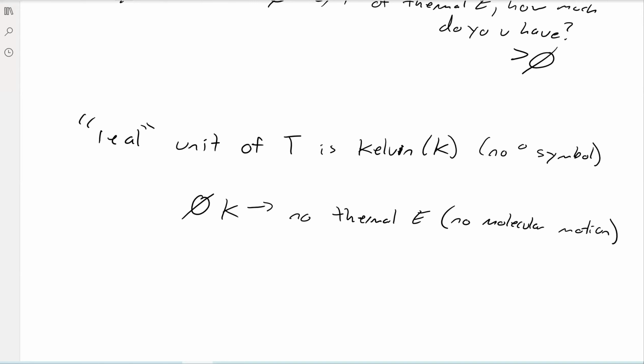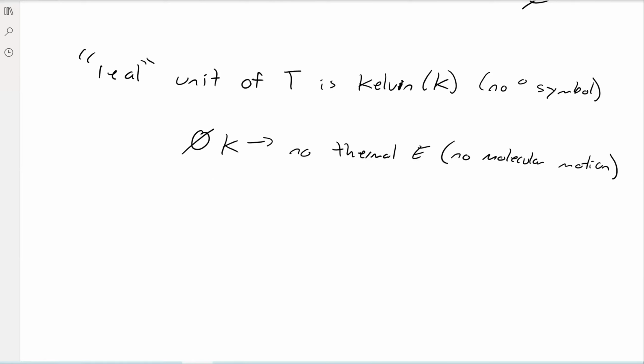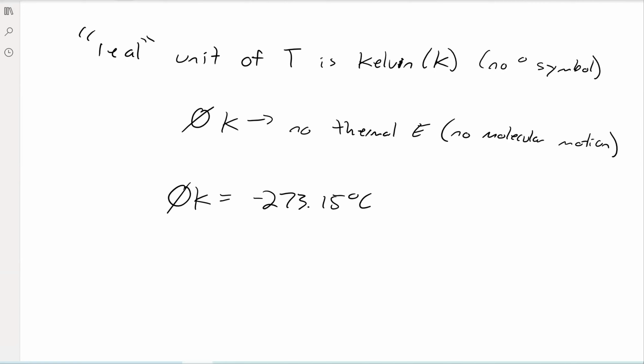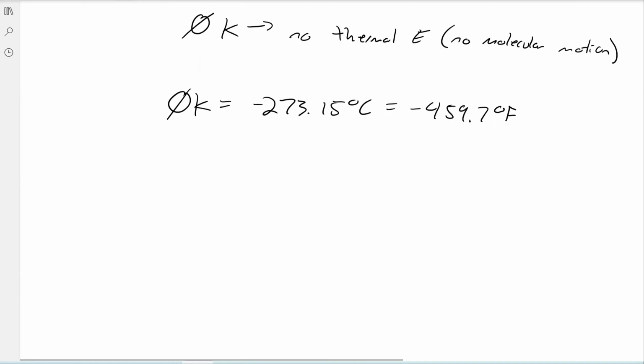And there's all kinds of crazy predictions of what would happen if you got to 0 Kelvin, because it's quantum mechanics, and it's all a bunch of crazy stuff. Anyways, just to give you an idea, 0 Kelvin is equal to negative 273.15 degrees Celsius. So you can see it's quite negative on the Celsius, and it's equal to negative 459.7 degrees Fahrenheit.